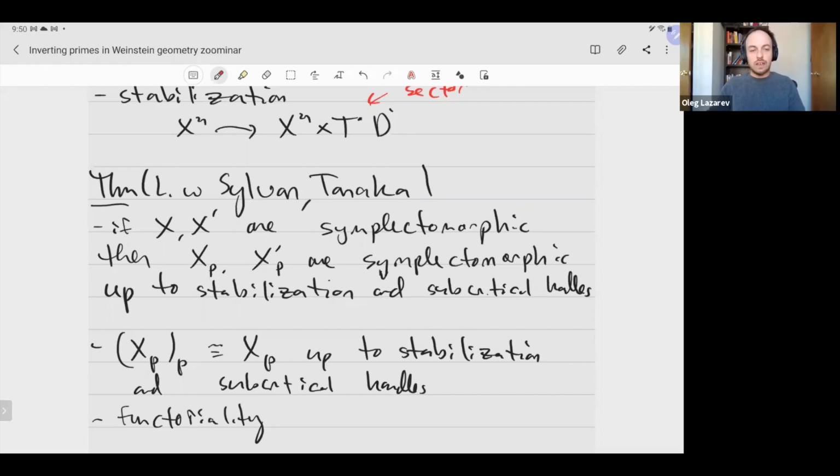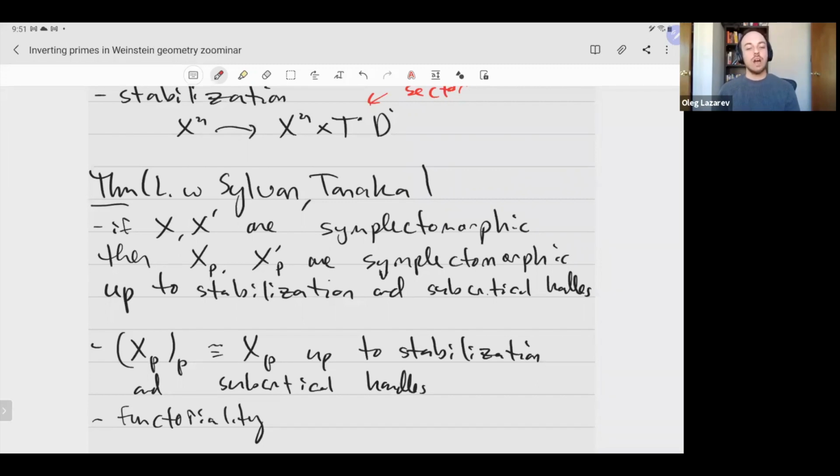So this result, I think, should be viewed as some kind of generalization of this result of Chilibek, Liashberg, and Murphy, where they just did the flexible case. And of course, they were able to prove something stronger because all of symplectic topology was thrown away.